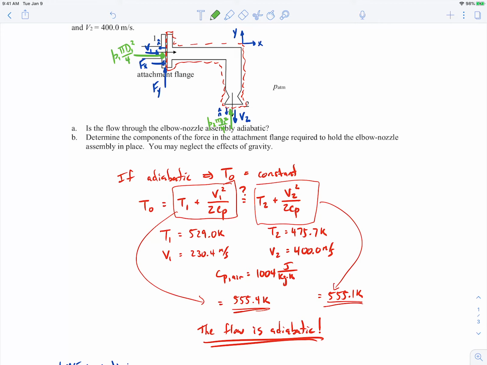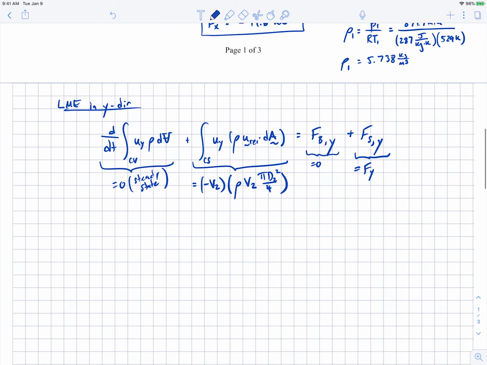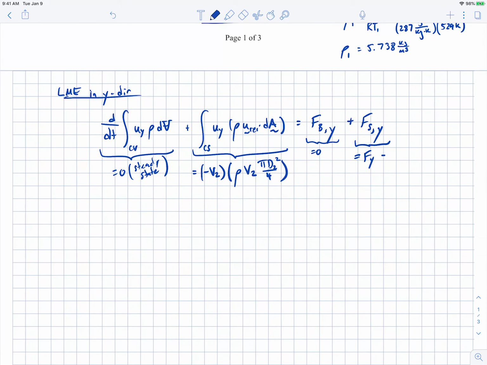Sorry, it's kind of messy there. But that's pointing in the positive y direction because it's acting inward on the surface. So let's write those terms down. So we already have the Fy, and then we'll write the P2 gauge pressure times pi d2 squared all over 4. And I'll come back to what this P2 gauge is in just a moment.